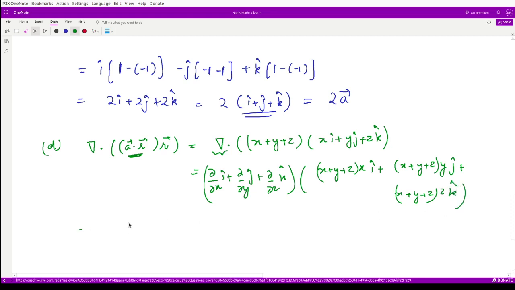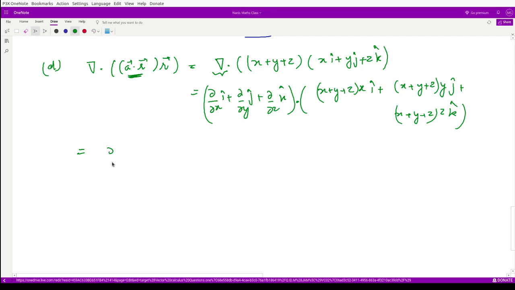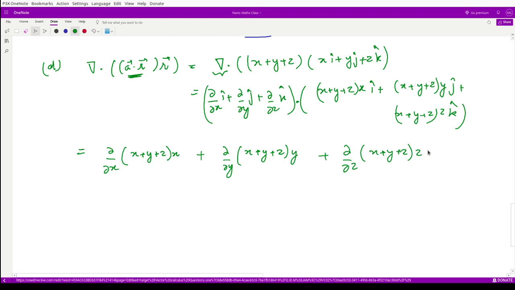Right. So you can now take the dot product between these. So the dot product would be del by del x of (x plus y plus z) into x, plus del by del y of (x plus y plus z) into y, plus del by del z of (x plus y plus z) into z. Right. So now when you take the partial derivative of this with respect to x, you will apply the product rule, considering this to be the first term, this to be the second term.